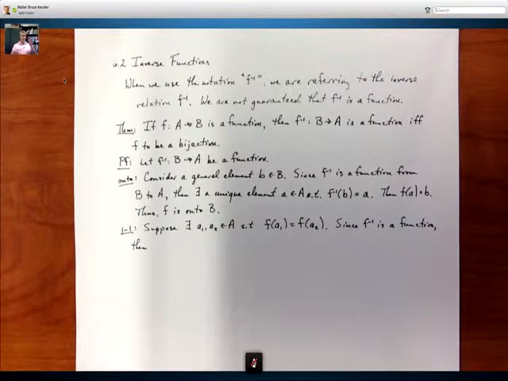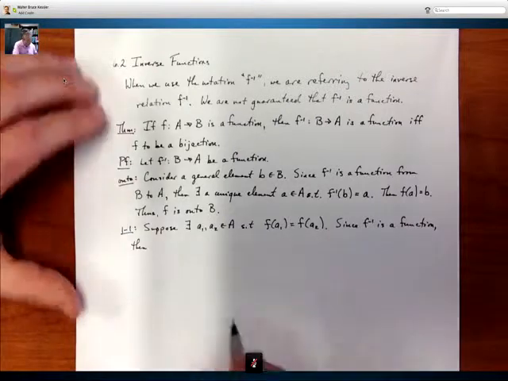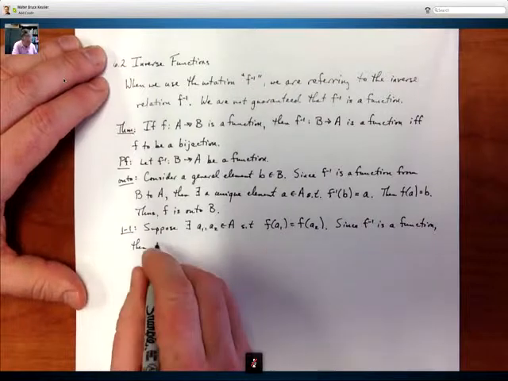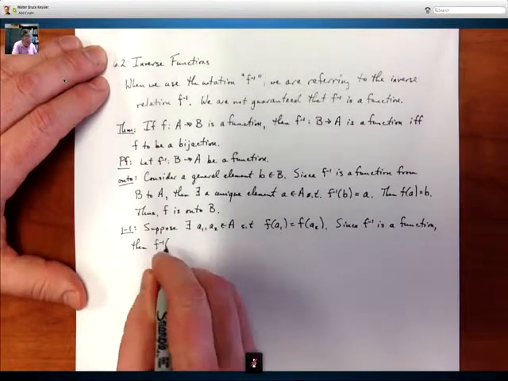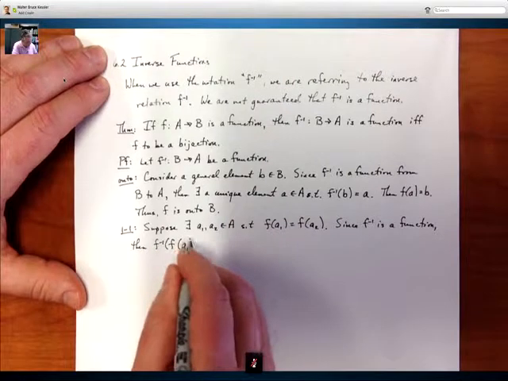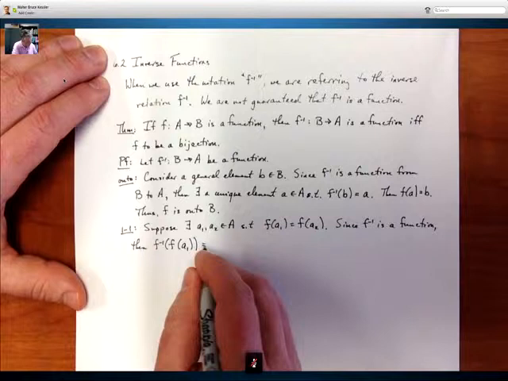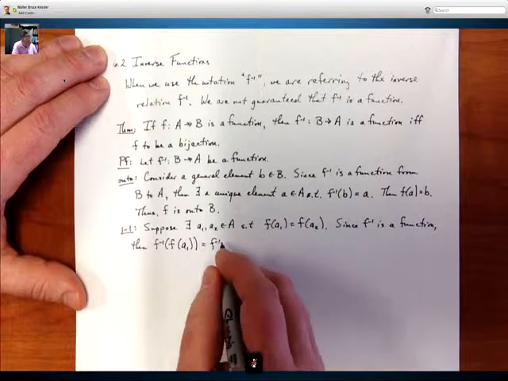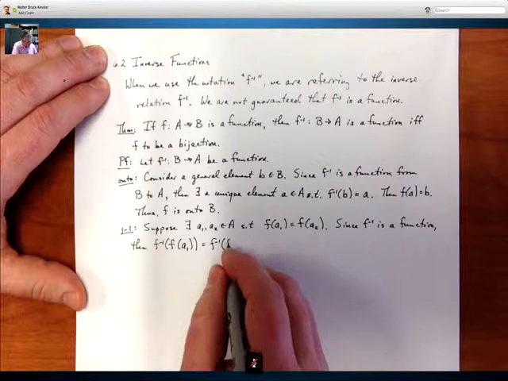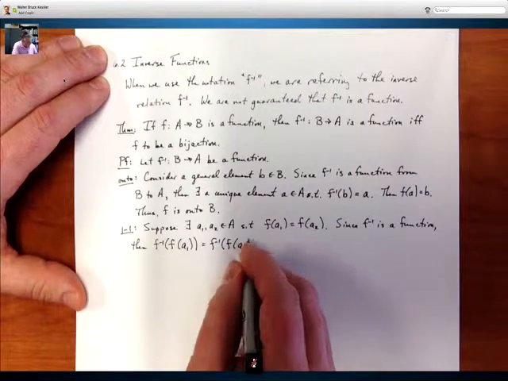So if x equals A, then f of x equals f of A. That's the deal. All right. So then F inverse of F of A1 is going to be equal to F inverse of F of A2.